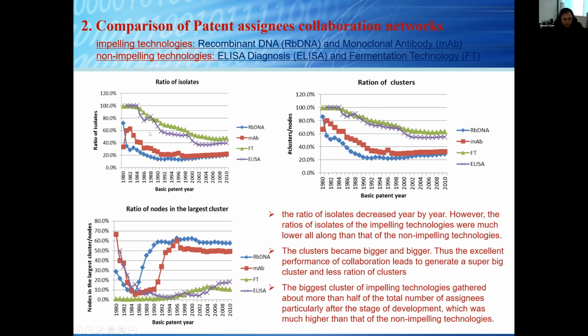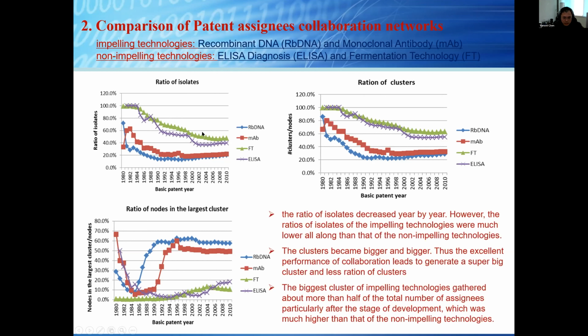The upper ones are non-impelling technologies: the green one is fermentation technology, and the purple one is ELISA technology. In these two non-impelling technologies, the ratio of isolates is higher.